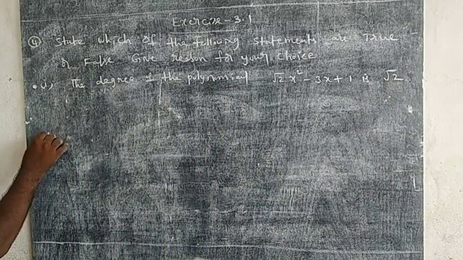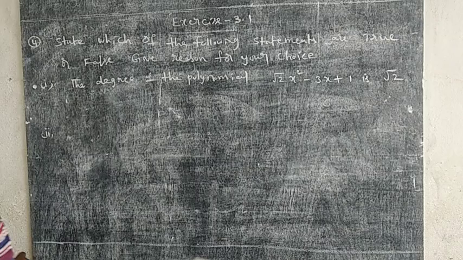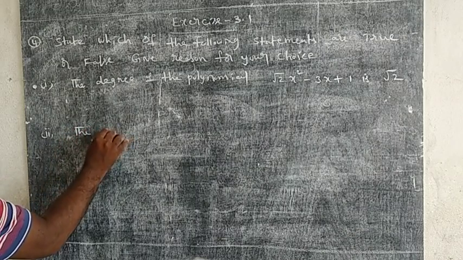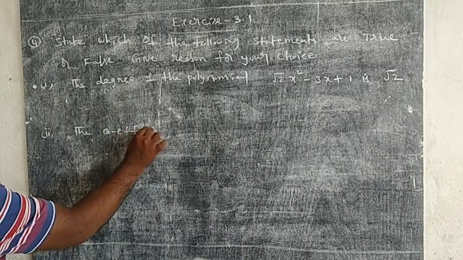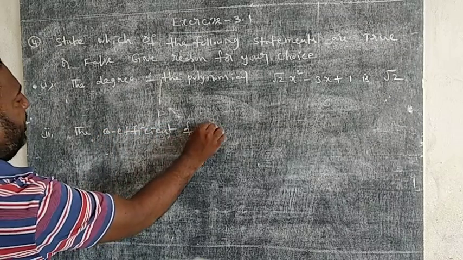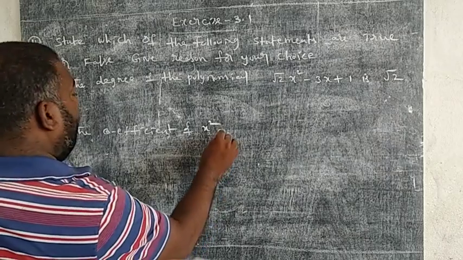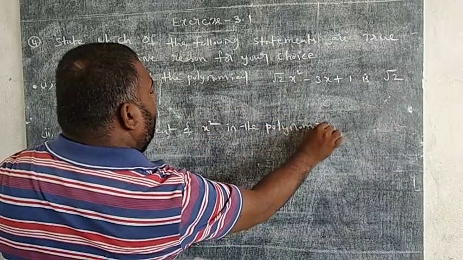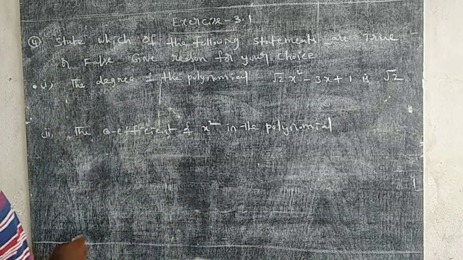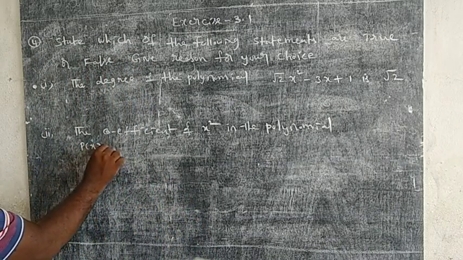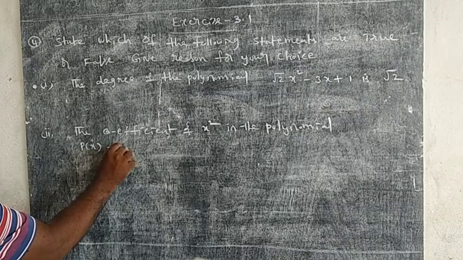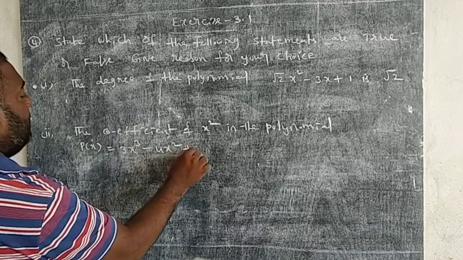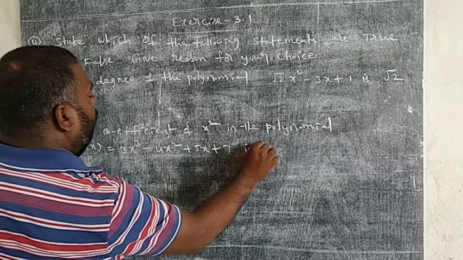Second, the coefficient of x square in the polynomial p of x is equal to 3x cubed minus 4x square plus 5x plus 7 is 2.